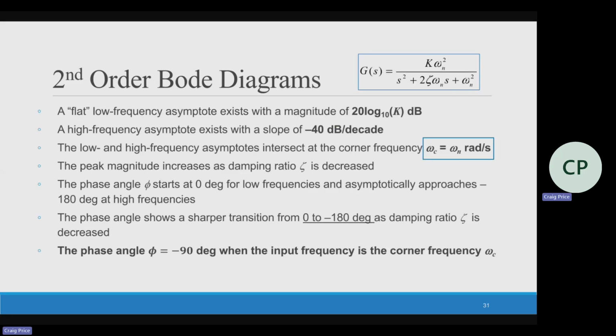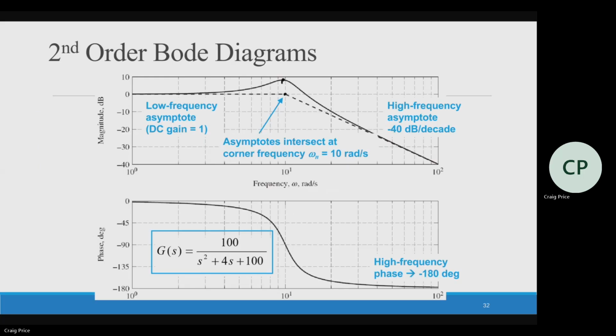Here are some rules. First, let's take a look at this. This is the second order Bode plot. What's the difference here? There's a bump. The second order system, especially if it's underdamped, will have a bump on the magnitude line. That implies a resonant frequency.